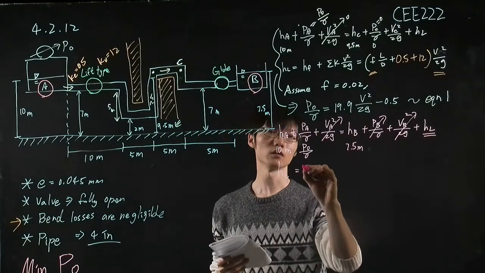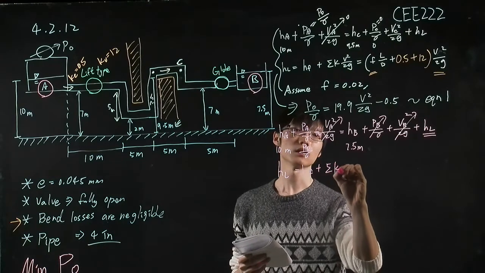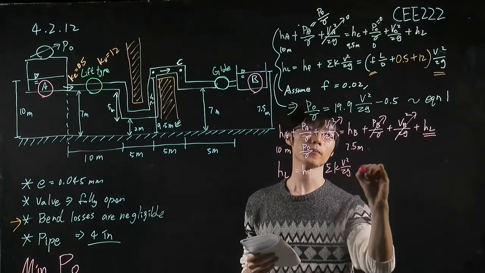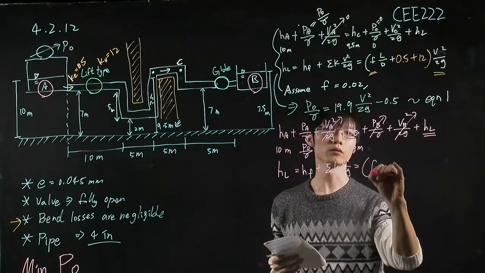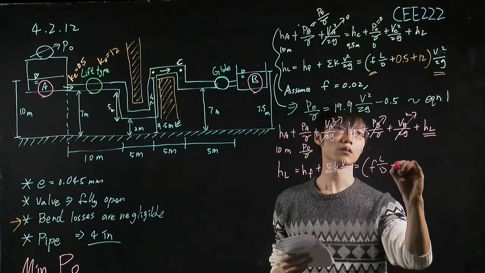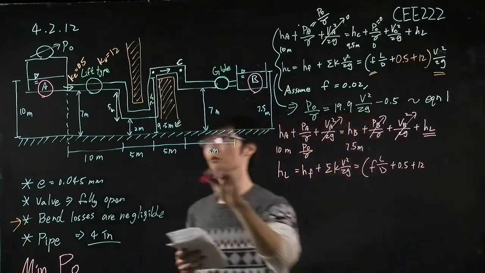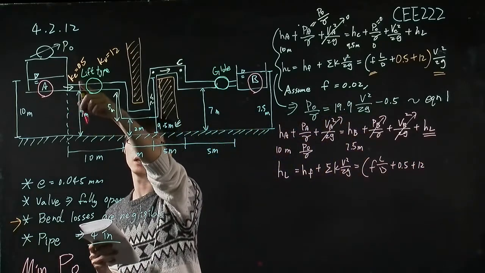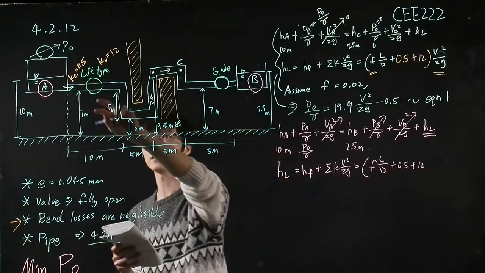Equal to HF, the friction loss, plus the minor head loss. Okay. And it is also equal to plus 0.5 plus 12. 0.5 is the entrance head loss, and 12 is this globe type valve.